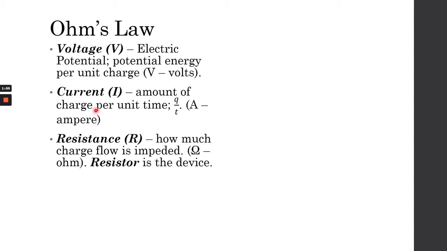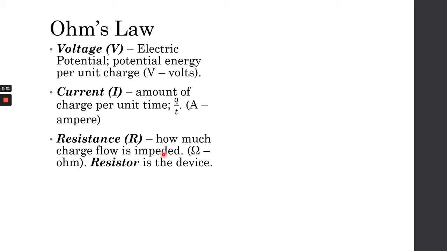So resistance is basically how much charge flow is impeded. So when we have a circuit, a wire, and a current or electrons are traveling through that wire, because of the material of a wire, sometimes the current that is flowing through a wire gets impeded. When we say impeded, parang hindi smooth yung travel niya.